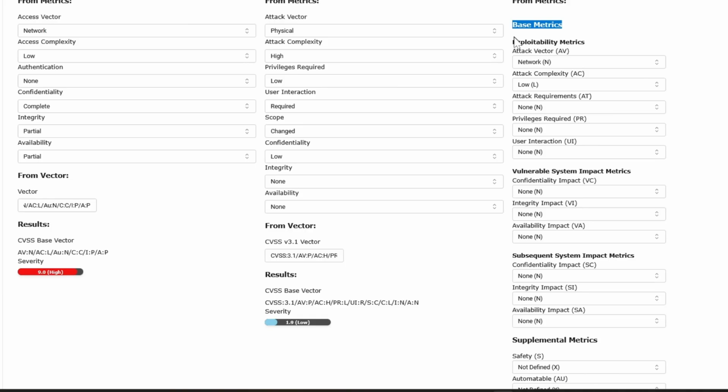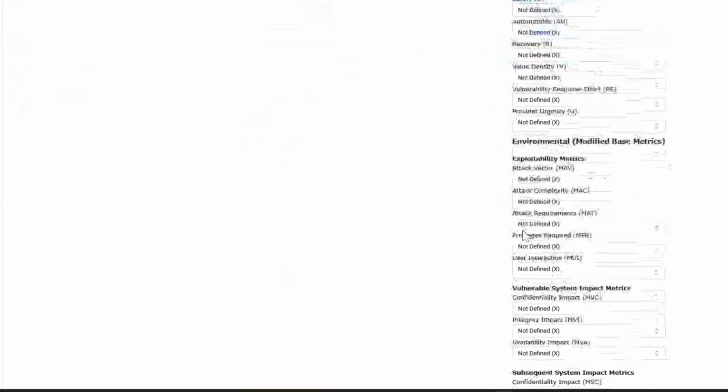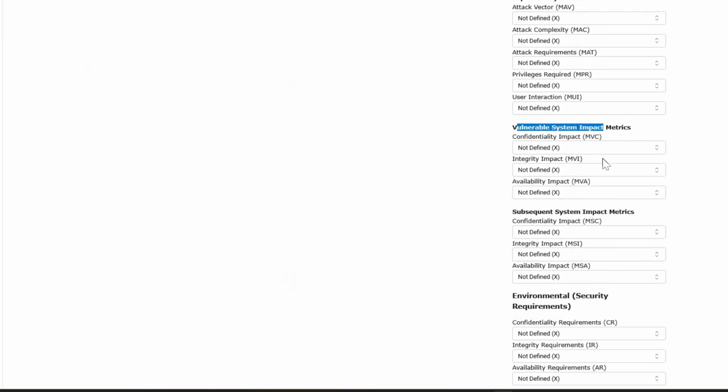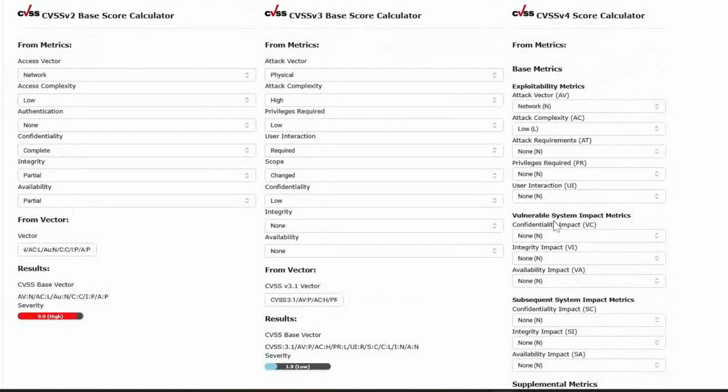Base, exploitability, vulnerable system metrics, subsequent system impact metrics, supplemental metrics, environmental metrics, and a lot of them, which makes it very concise regarding the vulnerabilities that are getting discovered and how we address them properly.